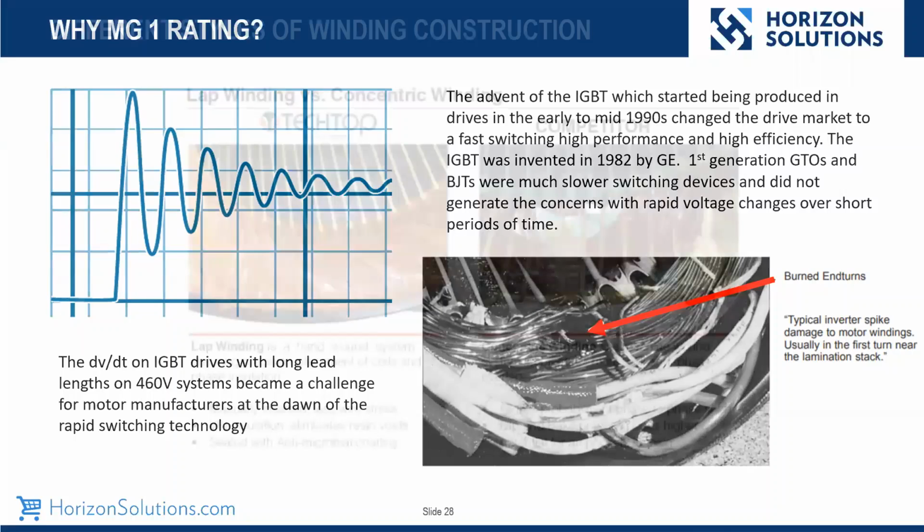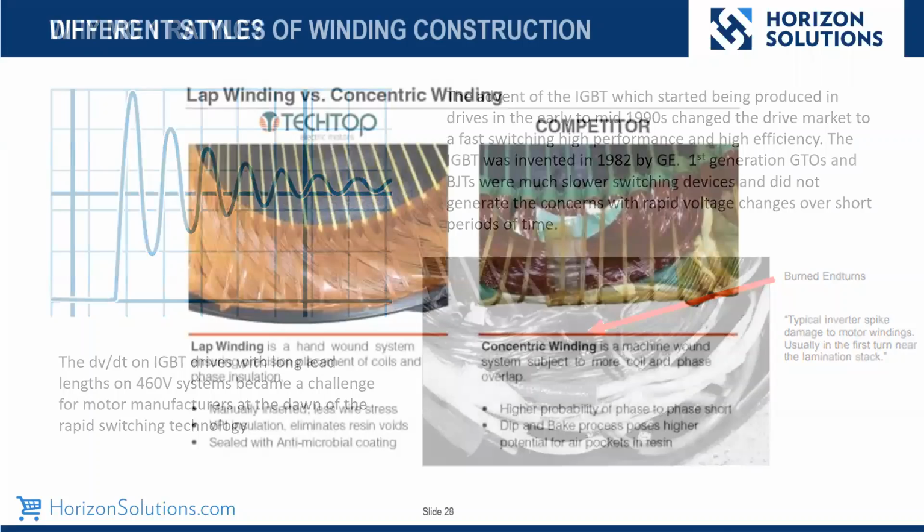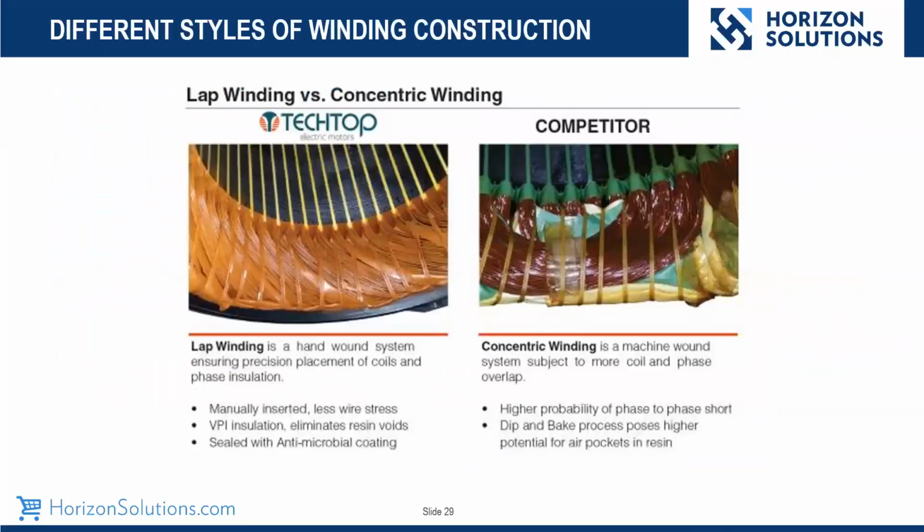We want to really, really prevent this from happening. So MG1 helps us with this situation. I'm showing you a lap winding over here on the left versus a concentric winding or a machine winding on the right. The lap winding, and here's a little bit of a plug for Tech Top.